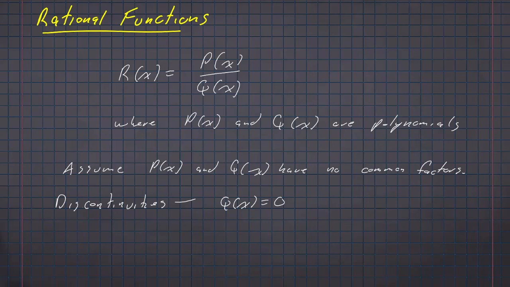And when you have the situation of no common factors, then the places where the denominator is equal to 0 form what are called discontinuities of the function.